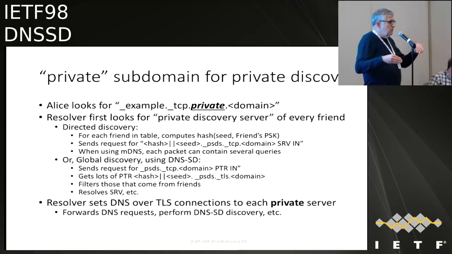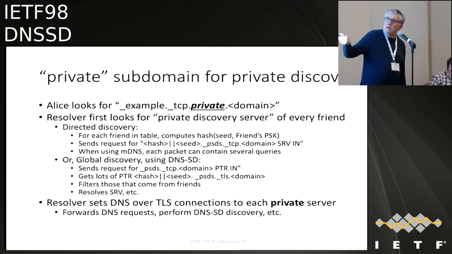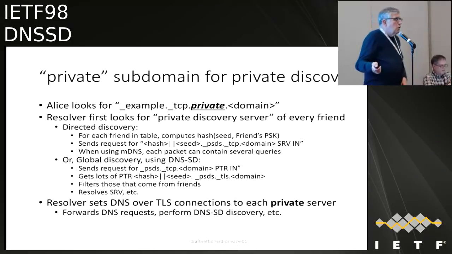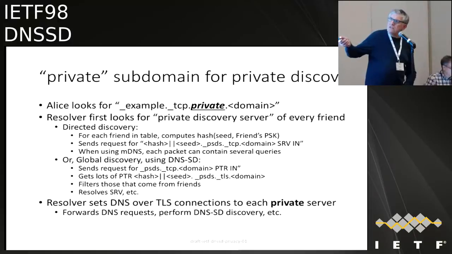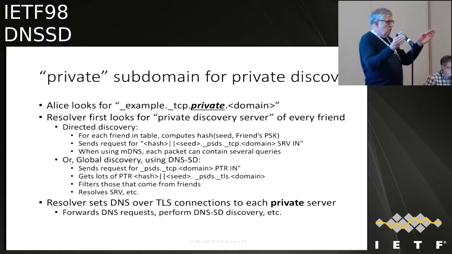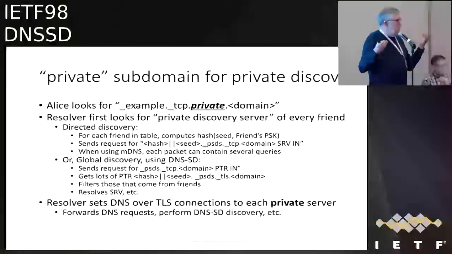That creates a different behavior: instead of immediately sending a DNSSD request for example.tcp.local, you would send a request for the private discovery service, either using directed discovery as we saw before, or using classic DNSSD discovery with a full discovery. With that, you would discover all the instances of this private discovery service. The resolver will then set up TLS connections to the peers present on the network, and then request the example service. Of course, the connection can be cached and maintained for some time. So that's basically where we are in terms of API design.